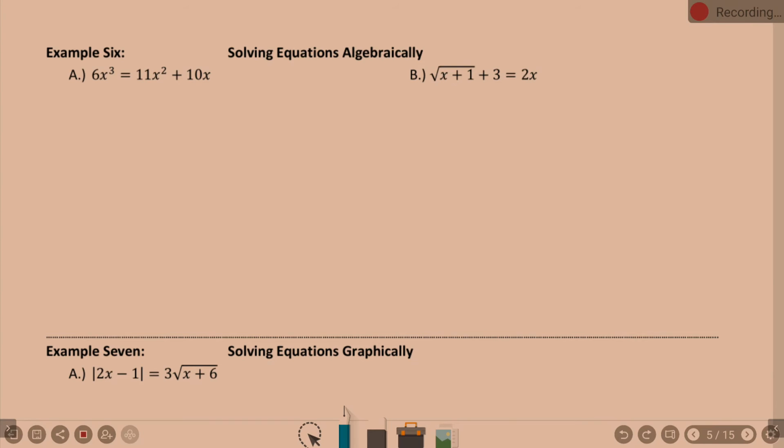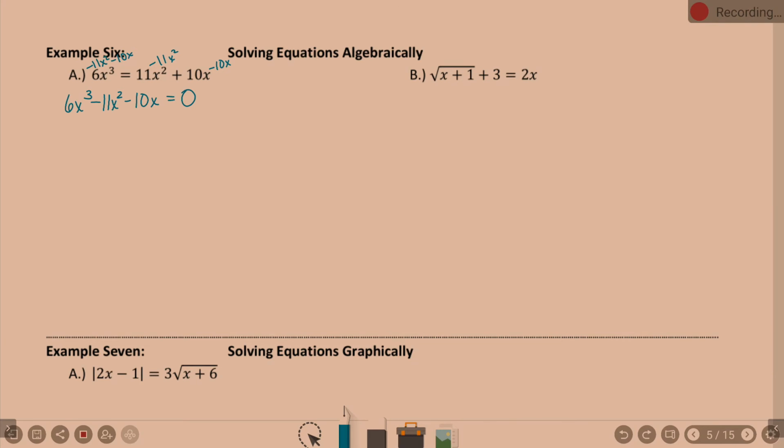So by subtracting those two terms, I'm making my equation equal to 0. Okay. I do like the first step. Subtracting 10x, subtracting 11x squared. So I'm going to have 6x to the third minus 11x squared minus 10x equals 0.